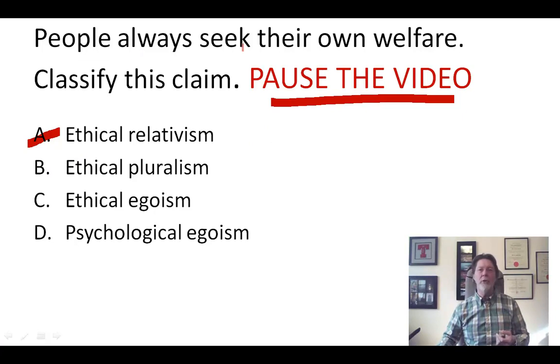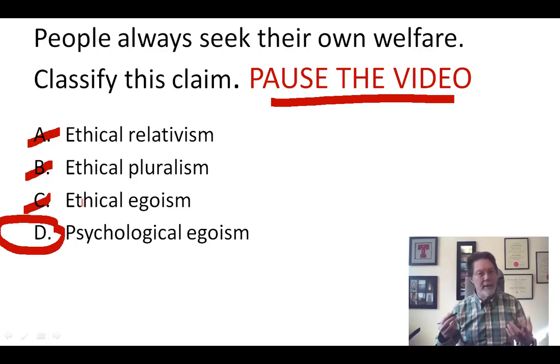It just says people do always seek. This is the case that people always seek their own welfare. So there's nothing ethical in it, so it can't be ethical pluralism, and it also can't be ethical egoism, right? Because it's making a factual claim, an empirical claim that people always seek their own welfare, which may or may not be true. So it's not ethical egoism, it is in fact psychological egoism.